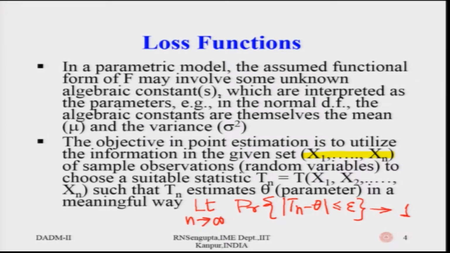That means the difference becomes as low as possible. So, it is basically that the variance in the long run would be decreasing. If these properties are met, obviously we are happy with this estimate Tn.